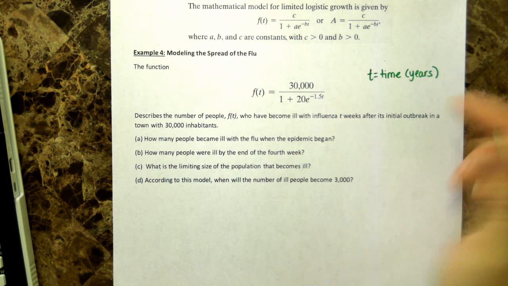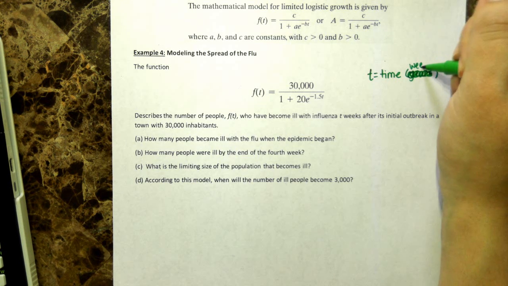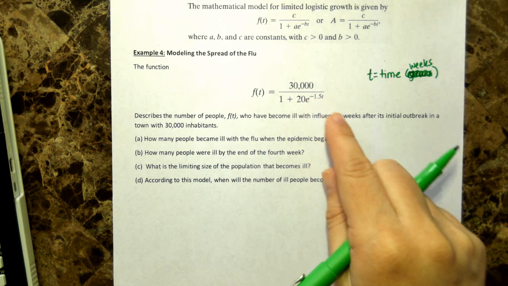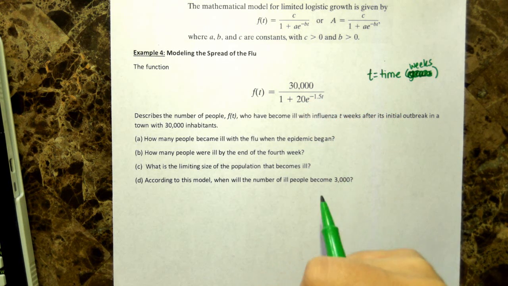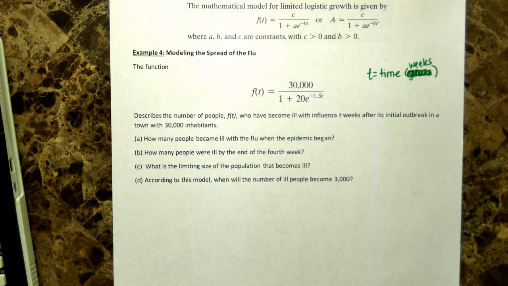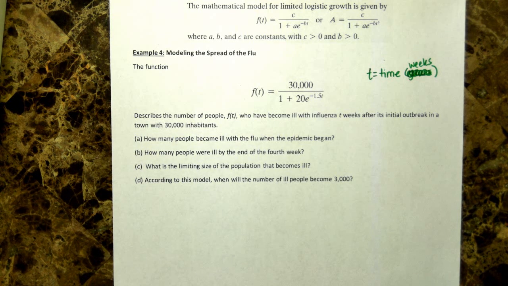They even tell us t is going to represent weeks. So t is going to be how much time has gone by in weeks after the initial breakout in a town with 30,000 inhabitants. So very similar to actually the pandemic that's going on right now. This is how scientists predict how many people are going to be sick with the flu or whatever virus in this many weeks or this many months, etc.